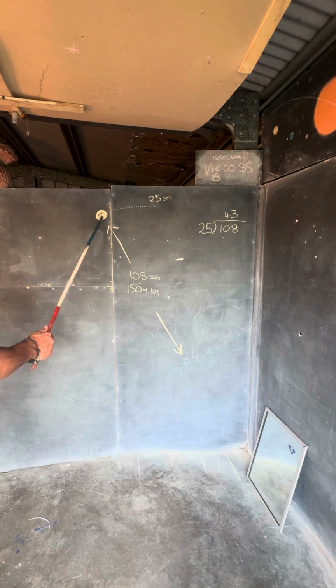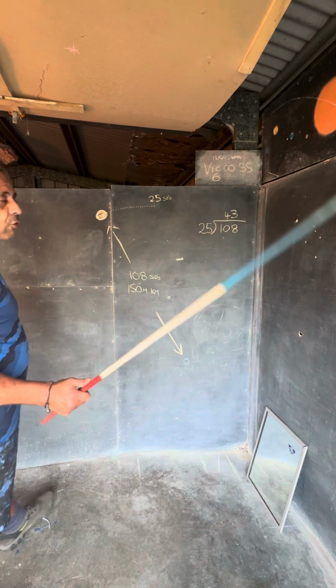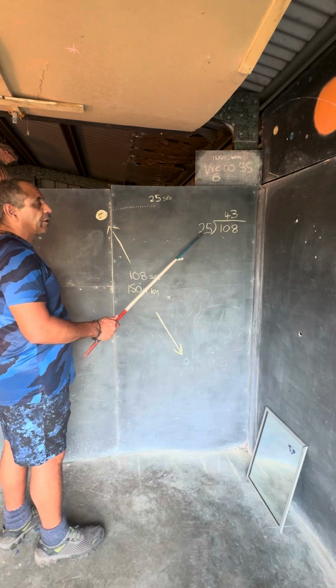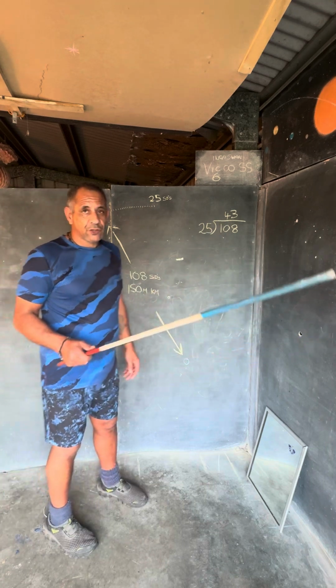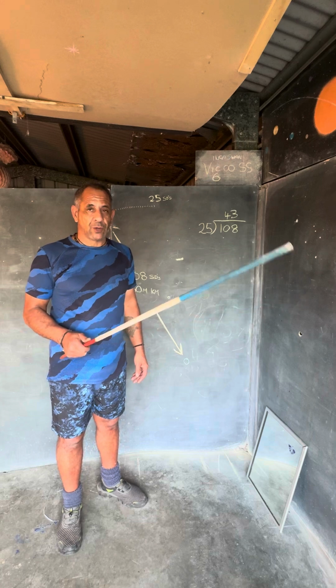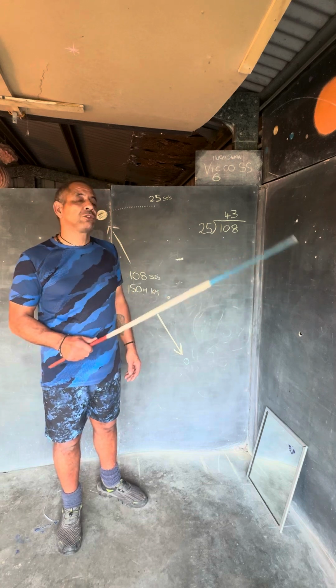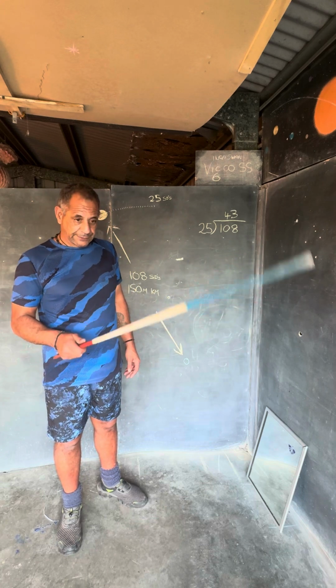So what you just saw up there, if we divide 108 by 25, that's 4.3. We just saw just over a quarter of the distance from the sun to Earth.